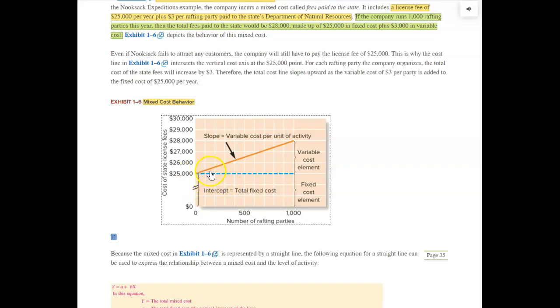But then the more rafting trips you have, the more you add a cost on top of this fixed line, and the total cost keeps going up. This is the variable line. This is the total cost line, showing the variable portion of it, added on top of the otherwise fixed cost. So this is a mixed cost, part fixed and part variable, because it does increase in total as the activity increases.